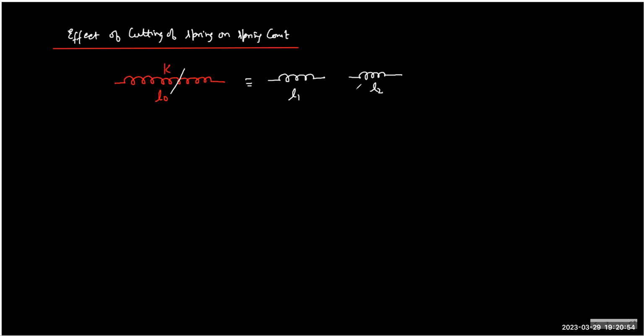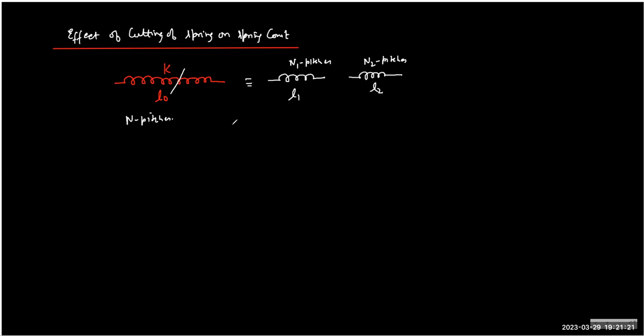Clearly, let's say it has N pitches, and when you cut, you distribute the pitches. So one part will have, let's say, N1 pitches, and the other is left with N2 pitches.